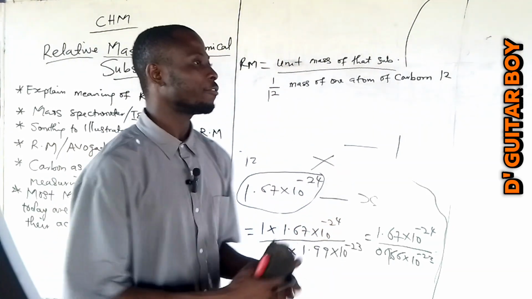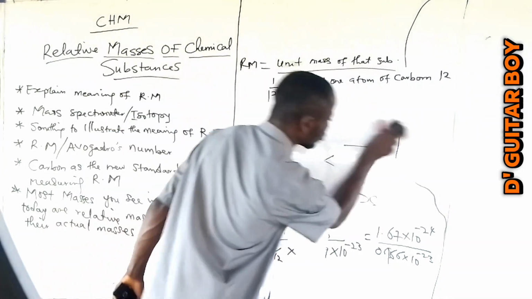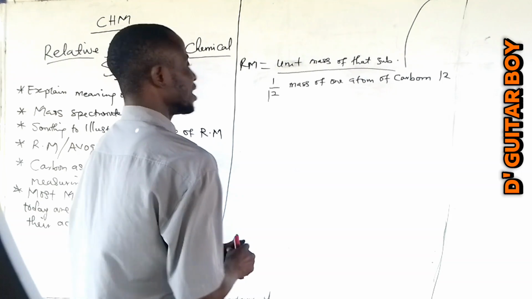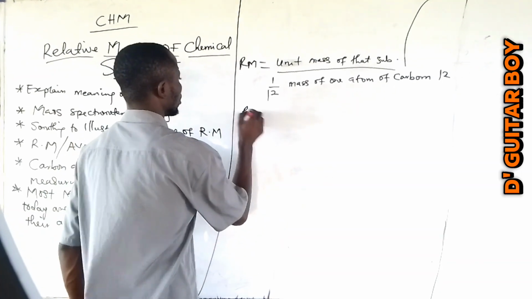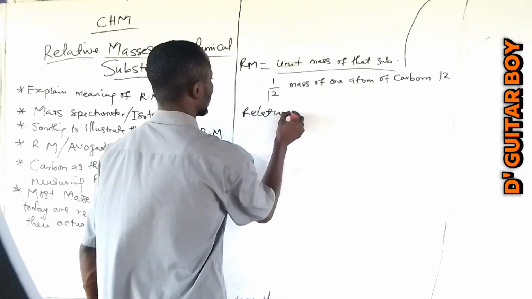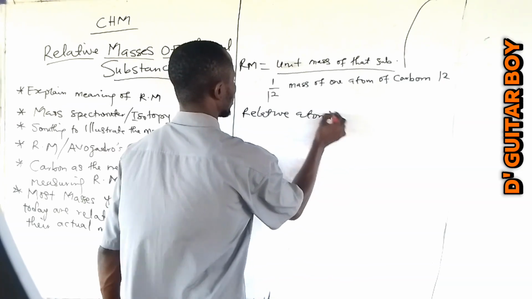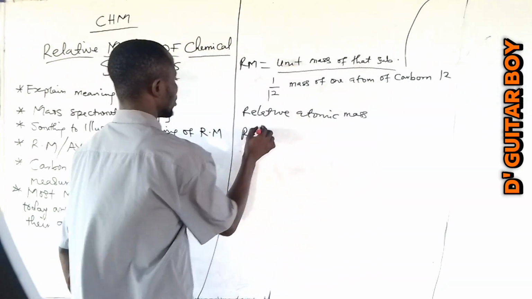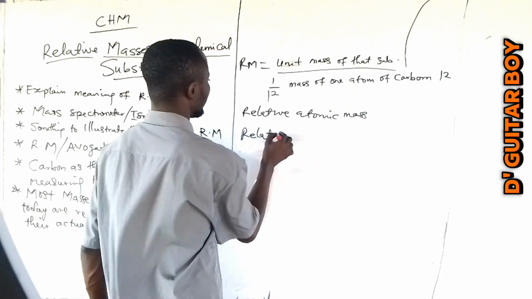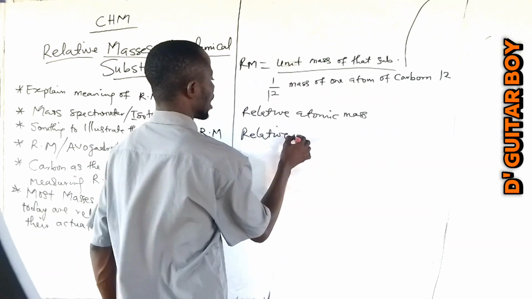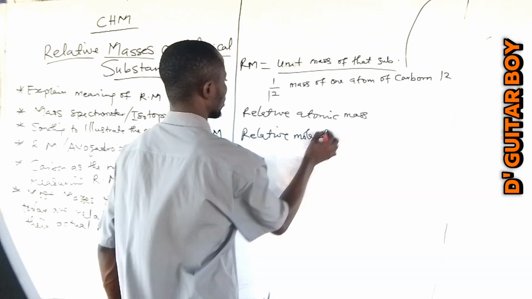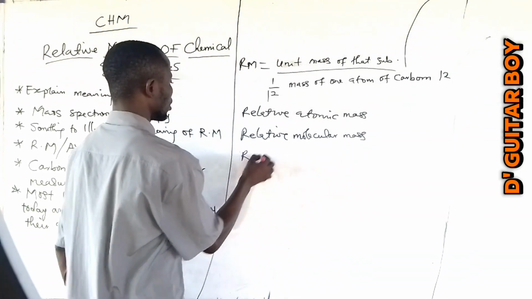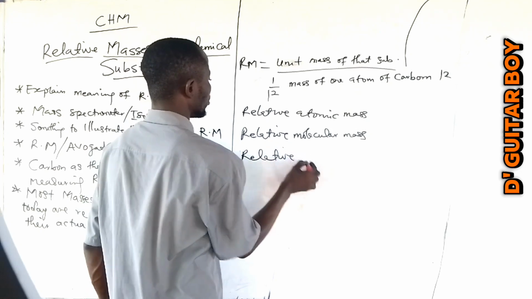Now at this point, I would like to tell you that instead of using substance, we can say relative atomic mass. We can say relative molecular mass. We can say relative formula mass.